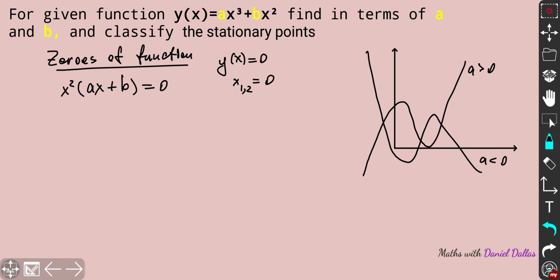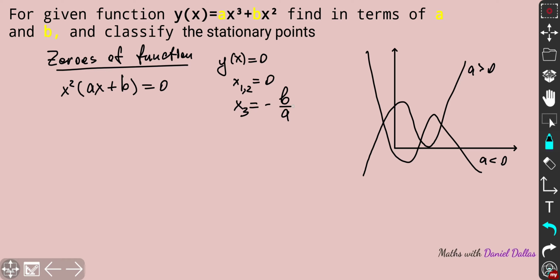I hope you are not amazed about x1 and x2 coinciding. That's very significant, I'll explain why in a moment. And what about x3? The third solution is negative b over a. So the first solution does not depend on coefficients a and b, while the third one depends on coefficients b and a.